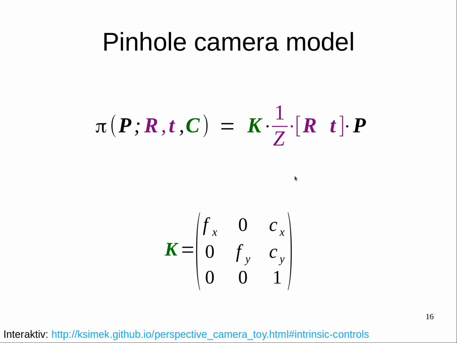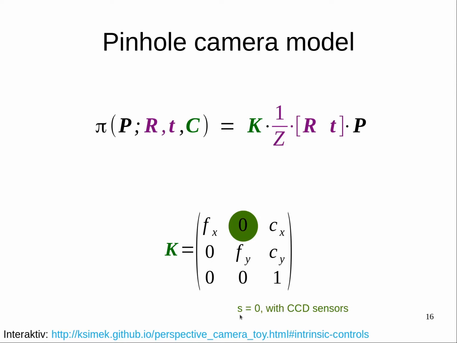One more note, if you read up the K matrix somewhere else, you might encounter one more parameter, namely this Q. It will be here, and it is fixed to 1 in our model, because we are mainly talking about CCD digital sensors.